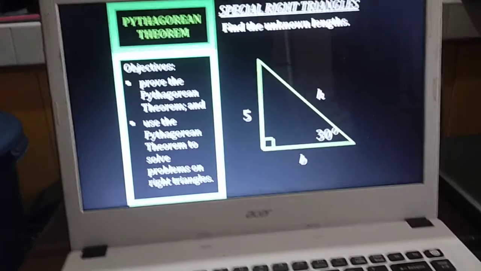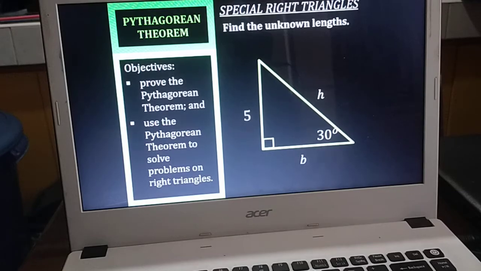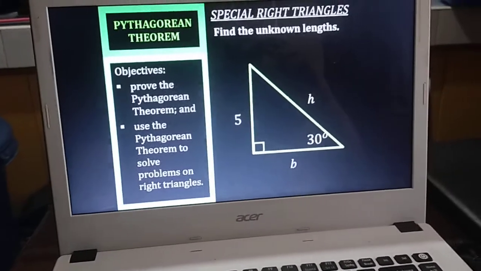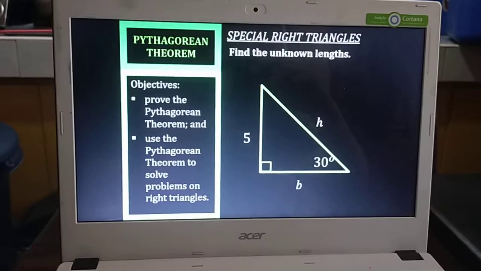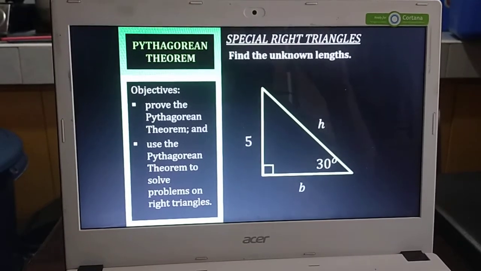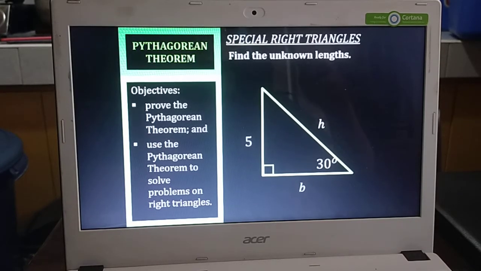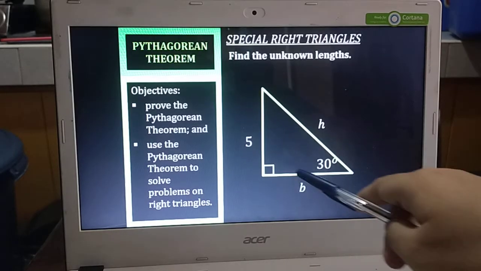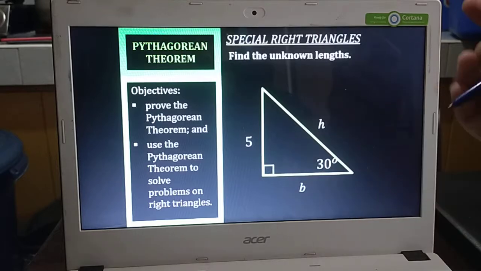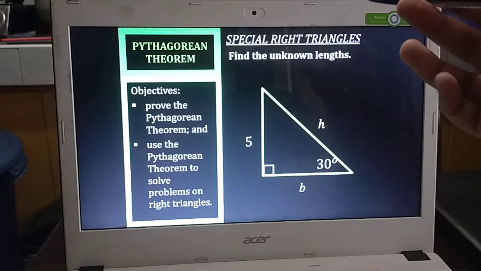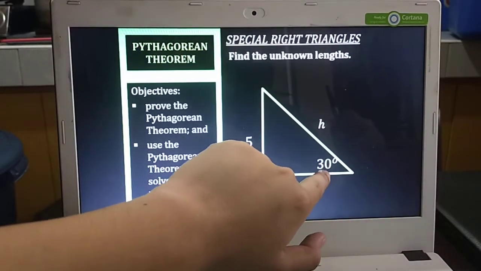Okay. So, in this case, we have this triangle and we're only given one of the angles and one of the legs or one of the sides. Now, we have a 90-degree angle. So, ibig sabihin yan, this is a right triangle. And we have a 30-degree angle.